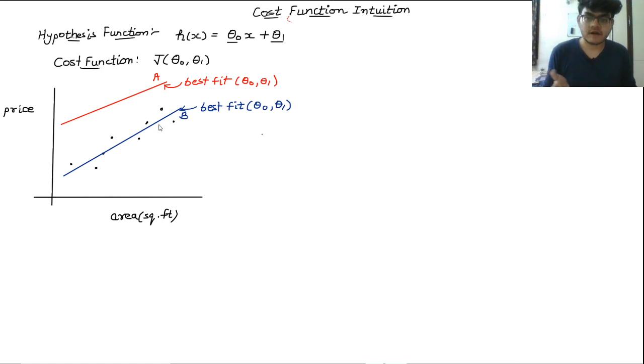Now from this graph, we can say that person B is giving us a solution which is far better than A, because line B is passing through most of the data points and is best fitting our data points. So I can determine that B is better than A, right? We can compare these two lines.